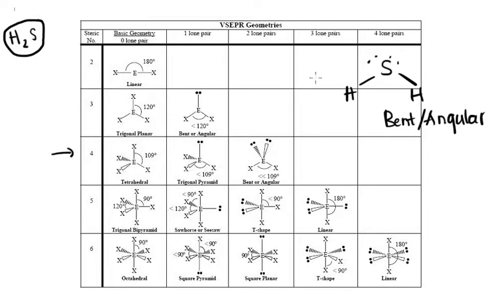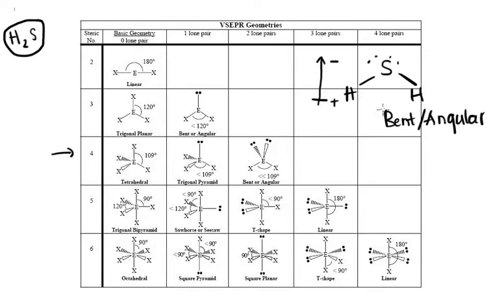So now let's look at polarity. Because there are lone pairs here, that's an electron-rich region. It's drawing all the electrons here. So this is a polar molecule.